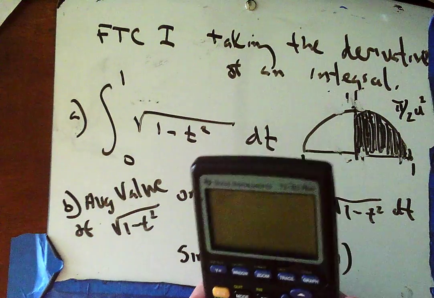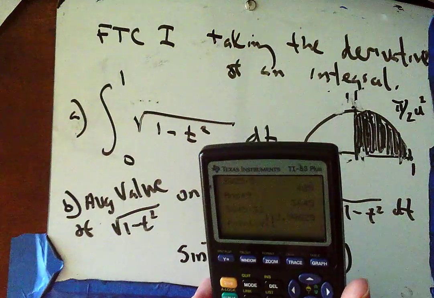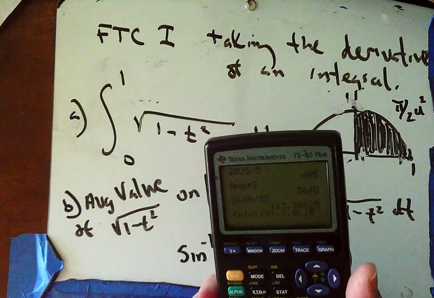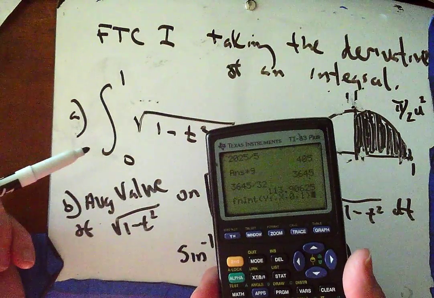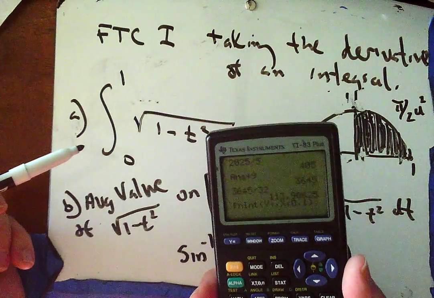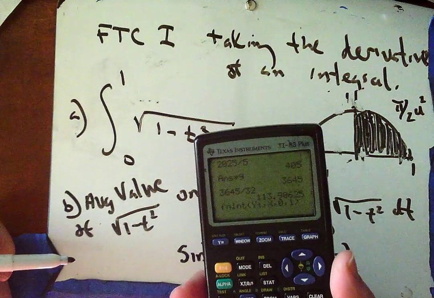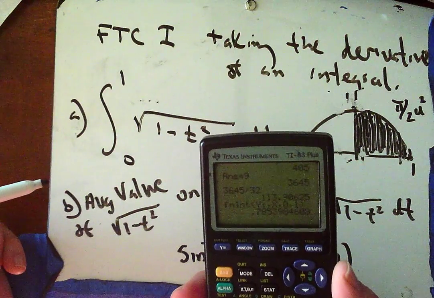Int, 1, comma, x, comma, 0, comma, 1. I think it's thinking. There we go. It's pi over 4, not pi over 2.